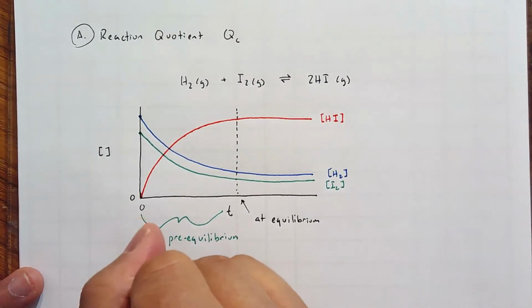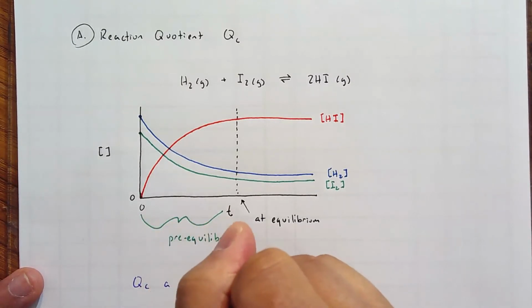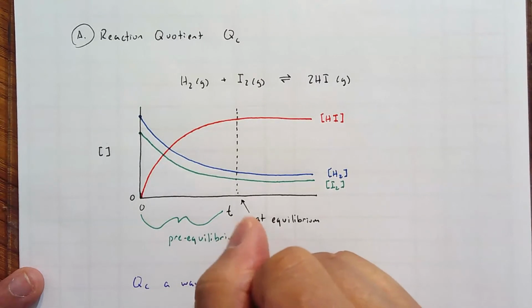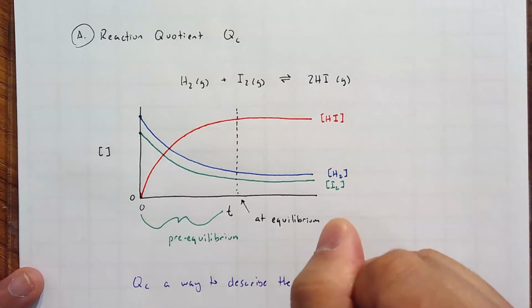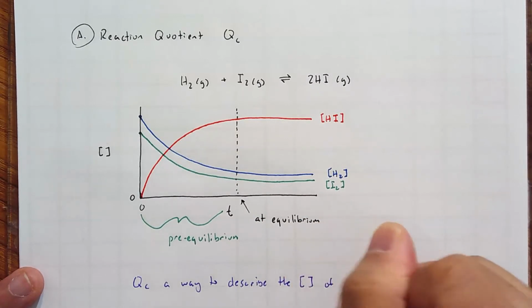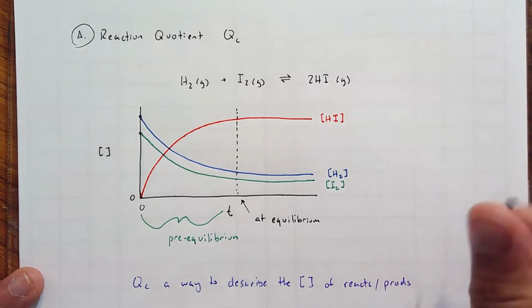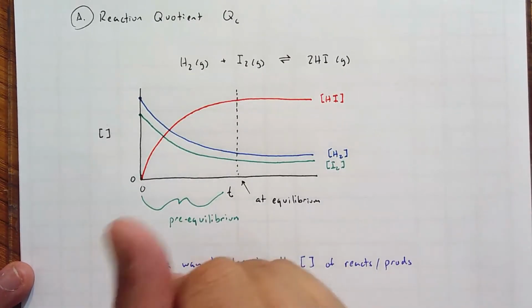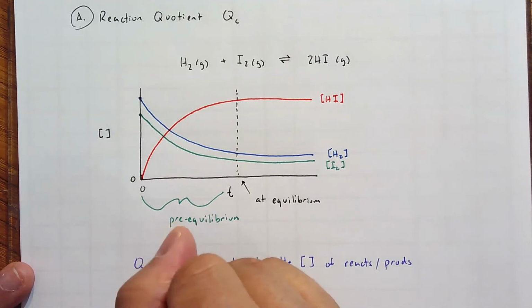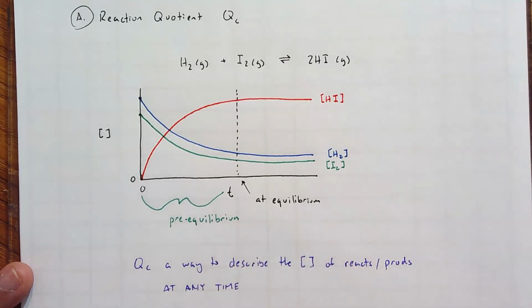So QC is a way to describe or quantify the concentrations of reactants and products, just shorthanding that, at any time. That is the important part. At any time. Now it's changing.